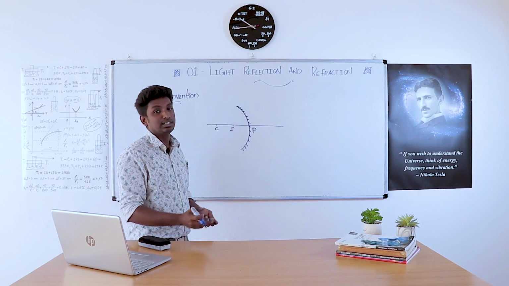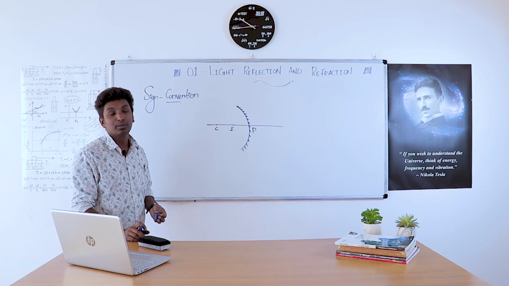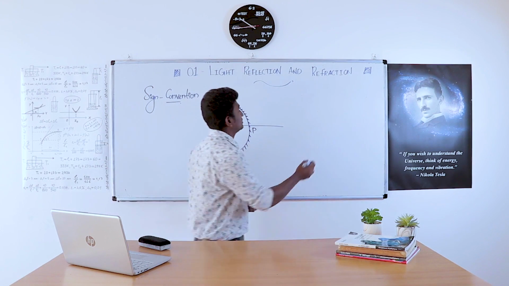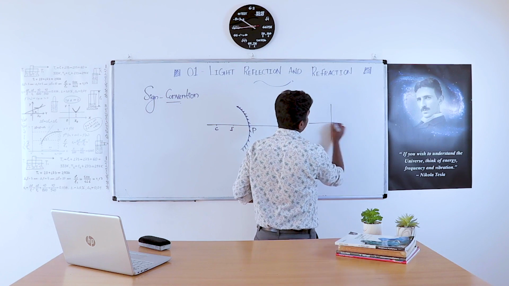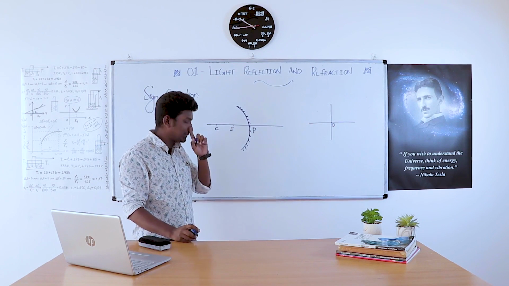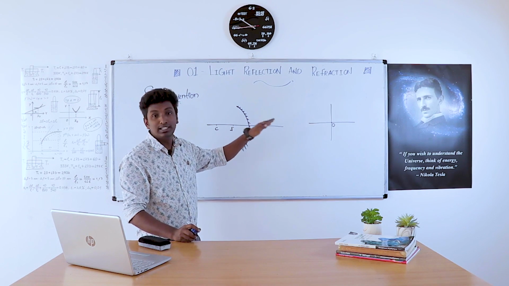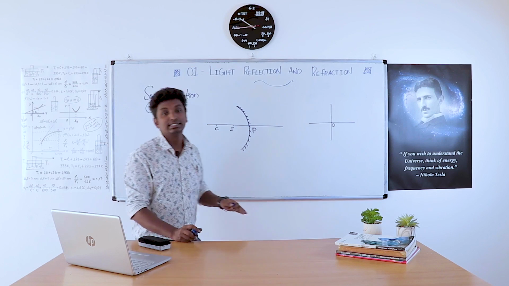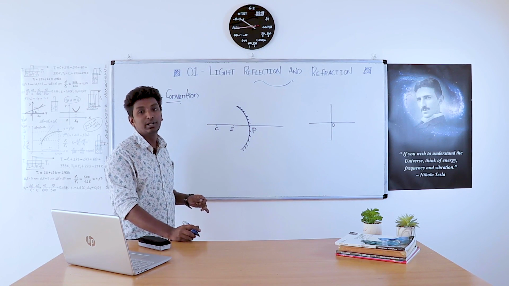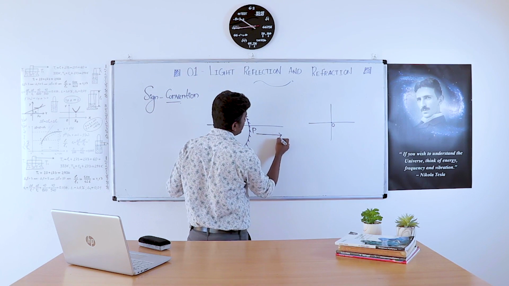Second point is that all the measurements are taken from the pole. When we are considering a coordinate system, you know that all the measurements are taken from the origin. Similar to the origin, here we are considering the measurements from the pole.